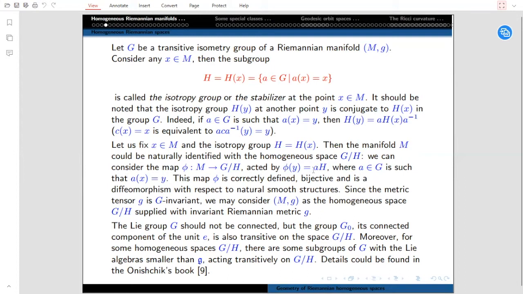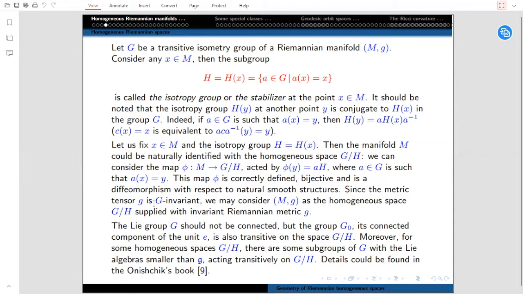We can consider the map phi from M to G mod H given by this formula: phi of Y is AH, where A is from G, and H is the isotropy group at the point X. This map phi is correctly defined, bijective, and it is a diffeomorphism with respect to the natural smooth structure.